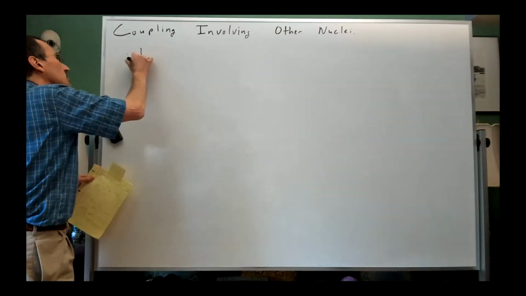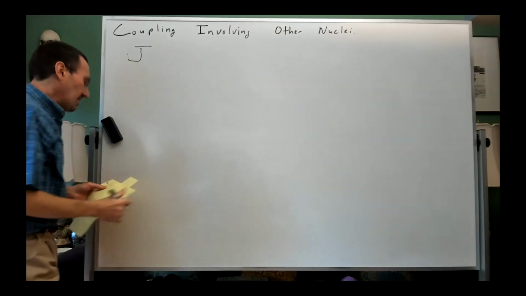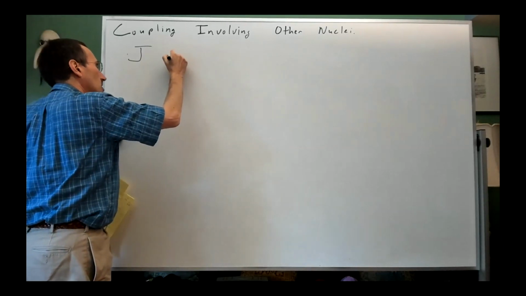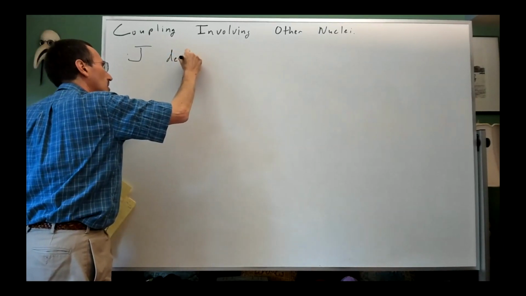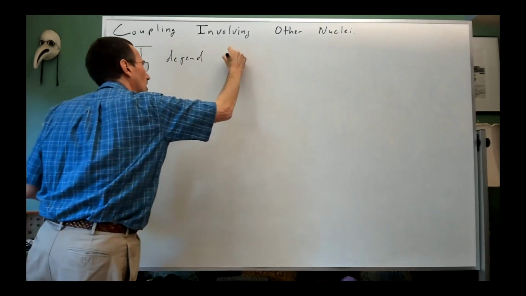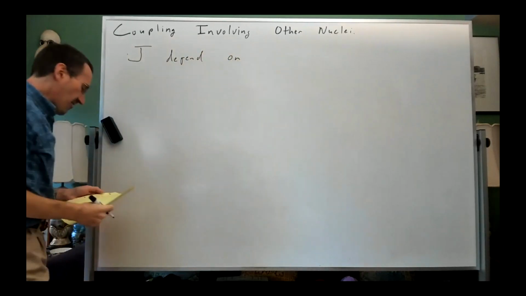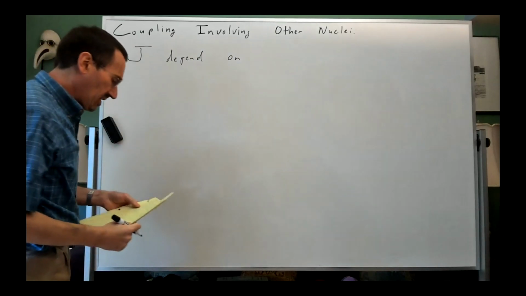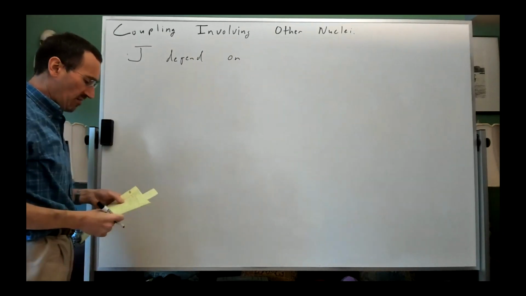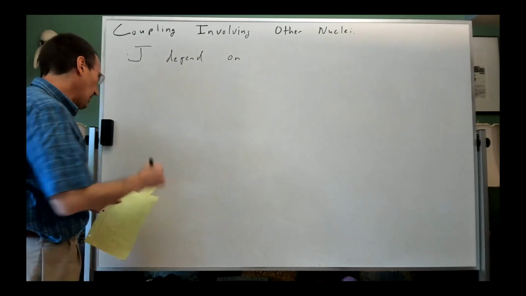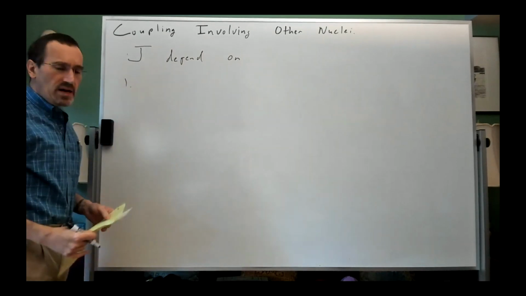So I wanted to start by talking about what the J values depend on. I'll list probably 5 factors, and I'll give us a couple of tables just from Silverstein where I've pulled them together in a single place. So there's a whole bunch of factors.